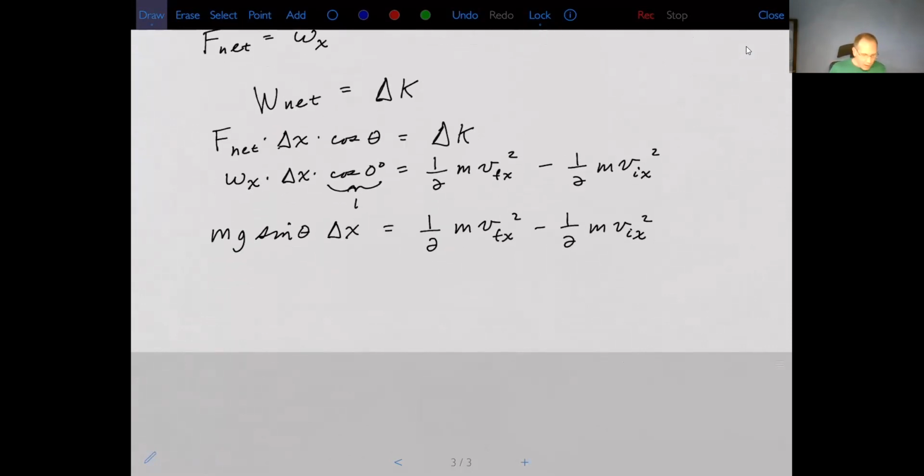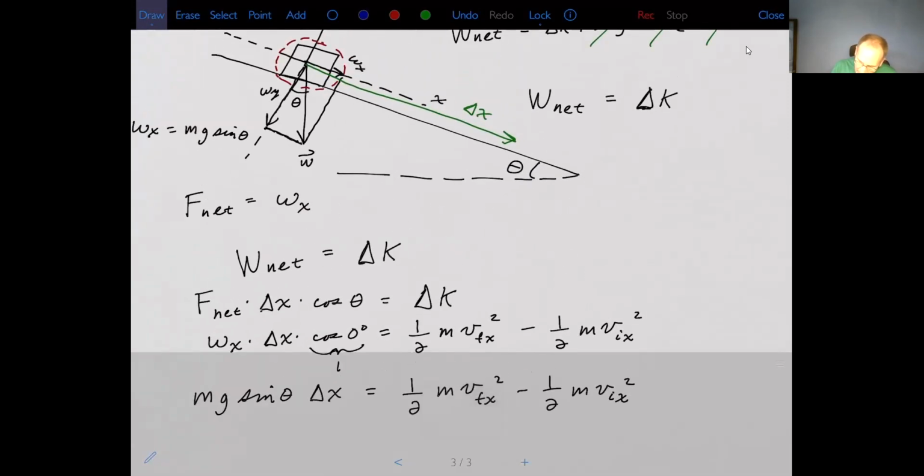Then we can also say, and we did this in one of our previous labs when we looked at the acceleration of a cart down the inclined track, that we can find sine of theta. If you look at the track itself, if we know the initial height and the final height of that cart as it travels that 1 meter down the track, then sine of theta is simply equal to the initial height minus the final height divided by the displacement.